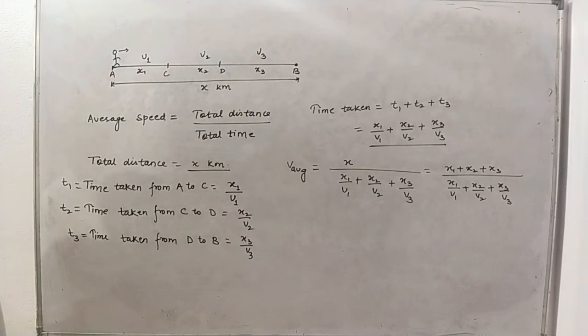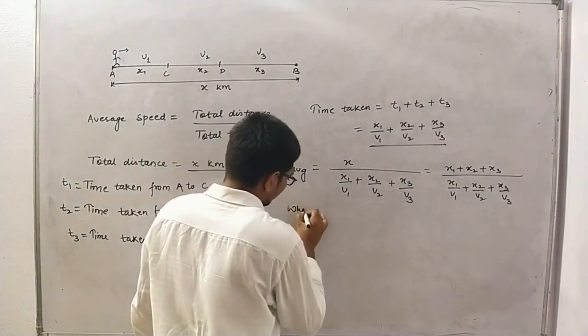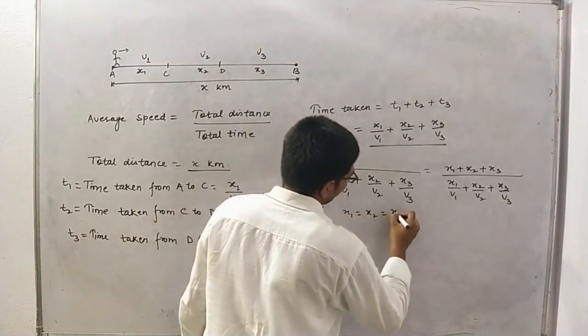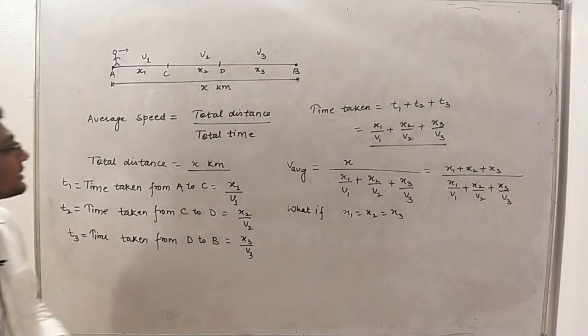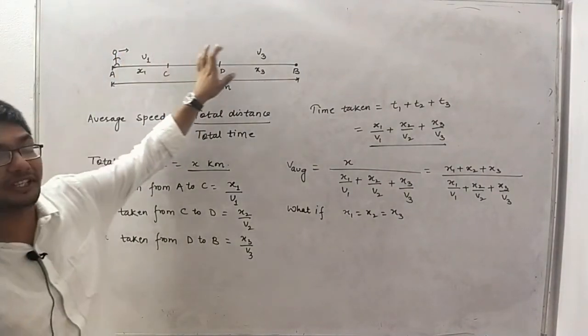Clear? Now what if x1 is equal to x2 is equal to x3? It means the person is traveling equal distances but with different speeds.